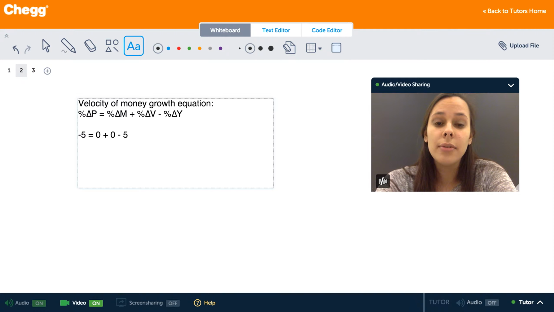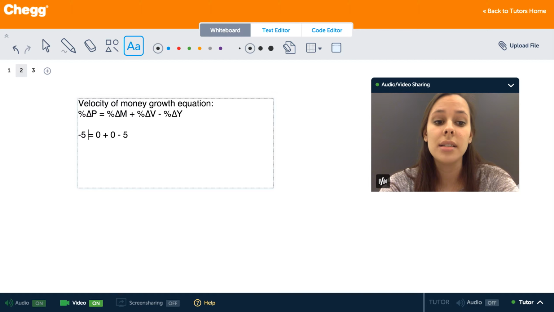That means that if all goods are the same, on average we might expect that each good would be worth $1 first, and then when we double the number of goods, those prices have to fall to about 50 cents. We still see deflation even if we have the same number of dollars in the economy. This is explained by the velocity of money growth equation.